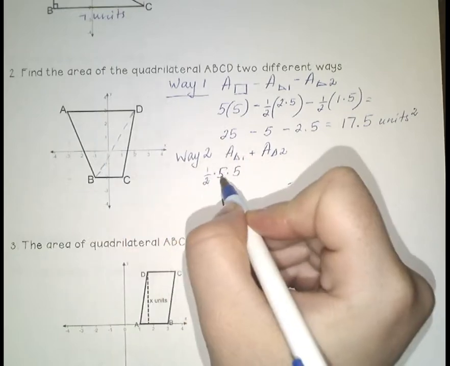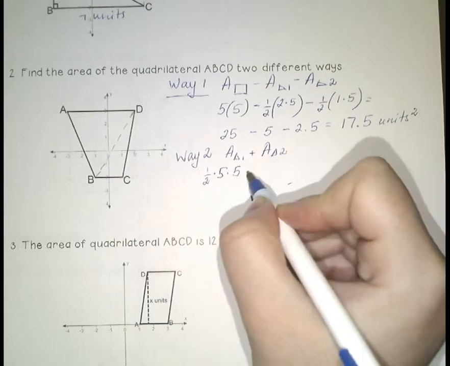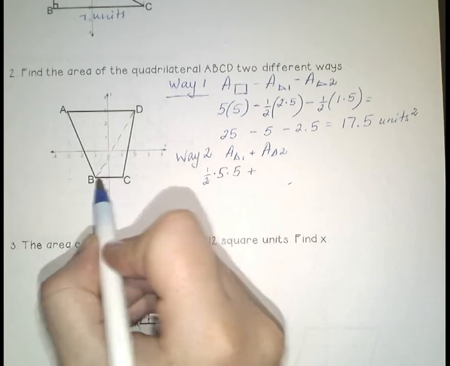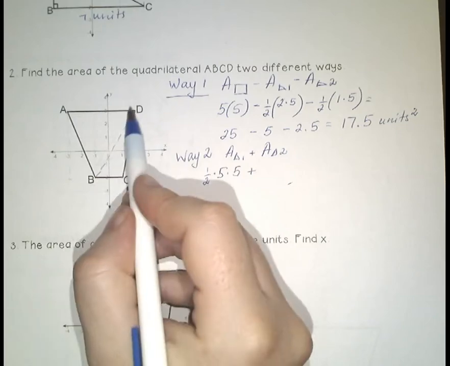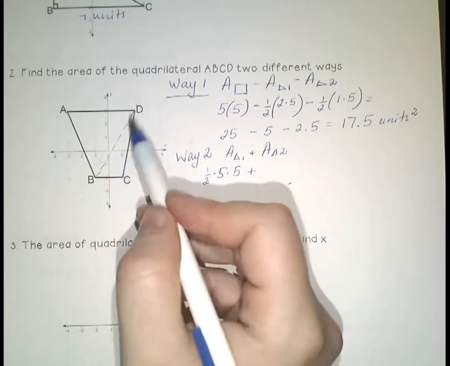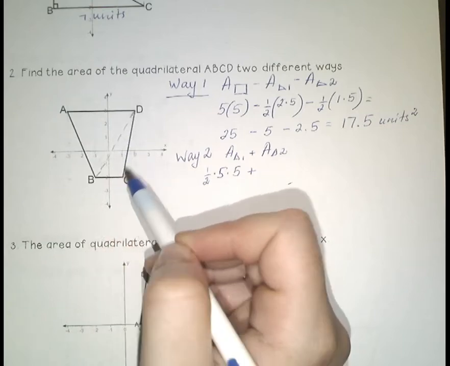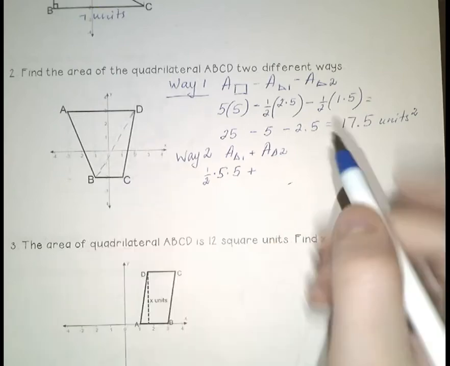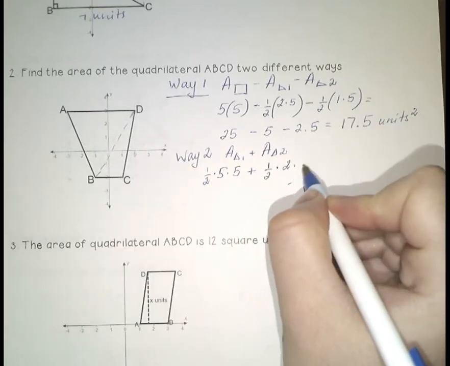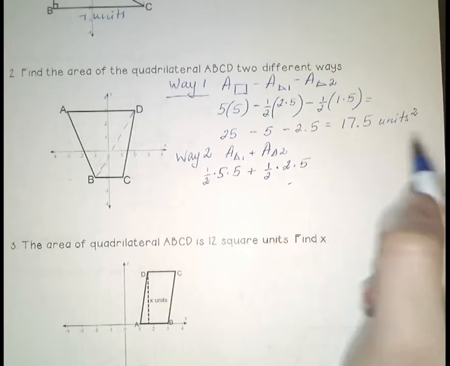So 1/2 of base times height. And for the second area, the base is on the bottom, which is 2. The height is also 5, just like the height of the whole shape is the height of my triangle. And so I'm going to multiply 1/2 by the base, which is 2, by the height, which is 5.